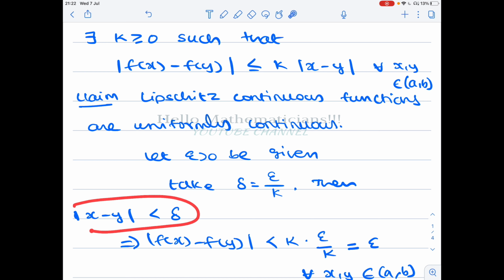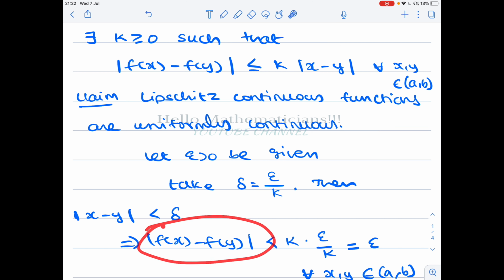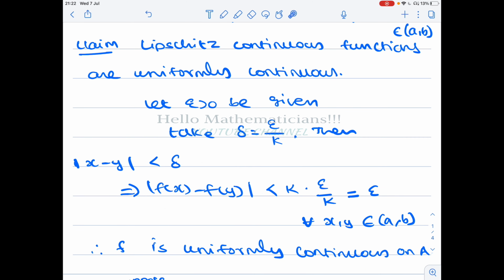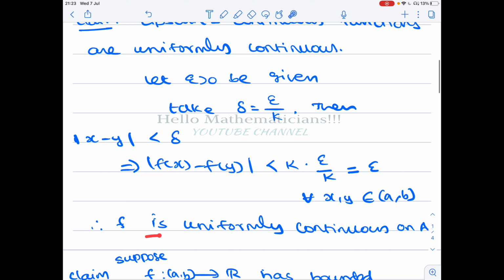Since mod x minus y is less than delta, which equals epsilon by k, we conclude that mod f(x) minus f(y) is less than k times epsilon by k, which is nothing but epsilon. So whenever mod x minus y is less than delta, we get modulus of f(x) minus f(y) less than epsilon, and delta depends only on epsilon. Therefore f is uniformly continuous.